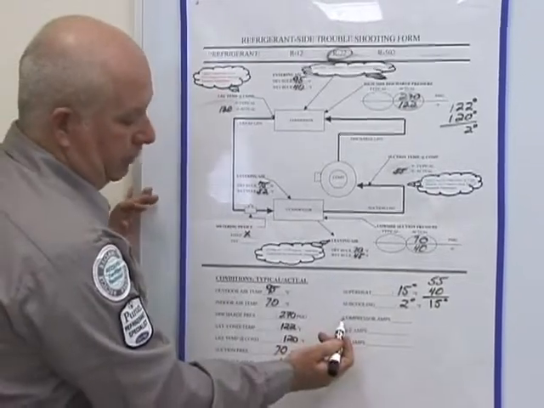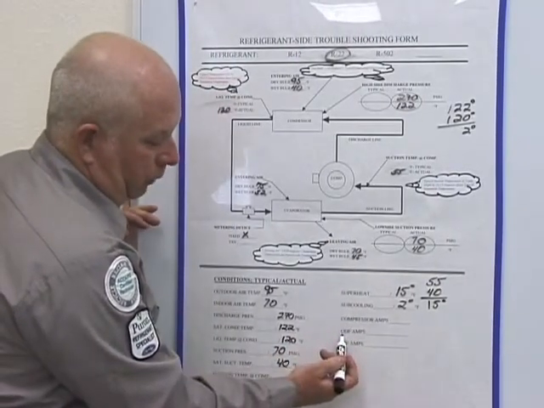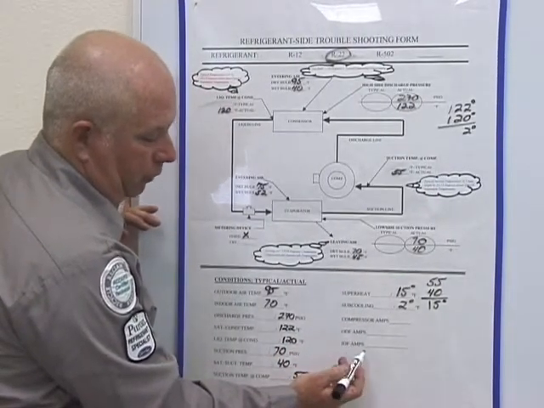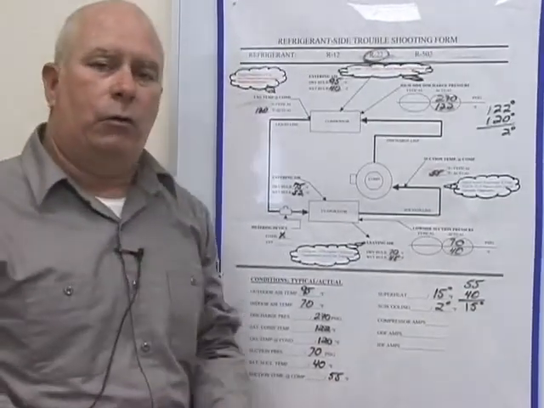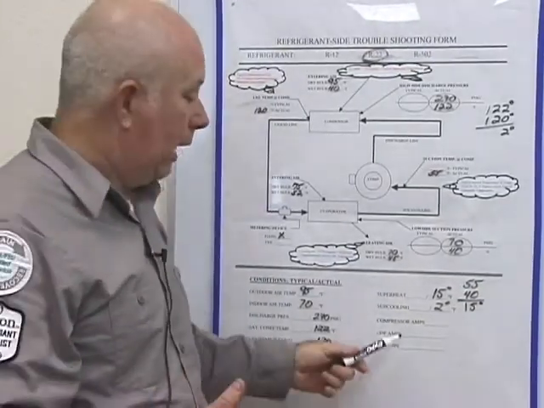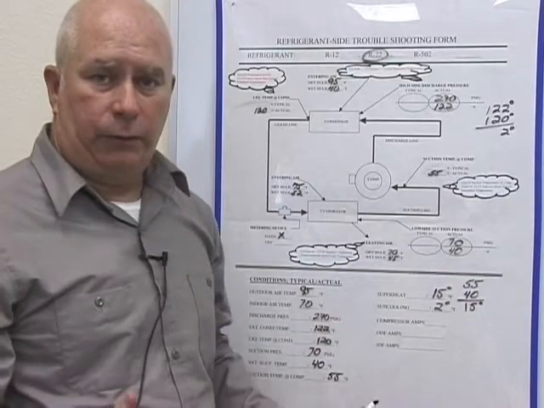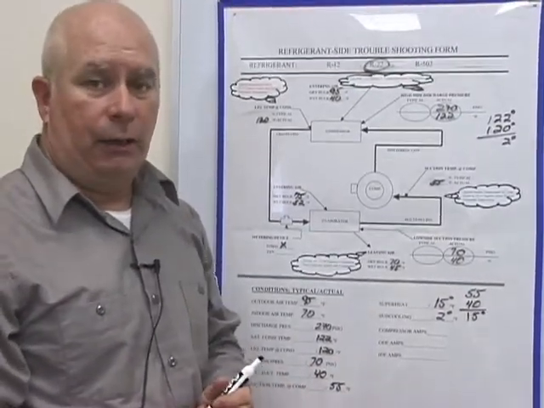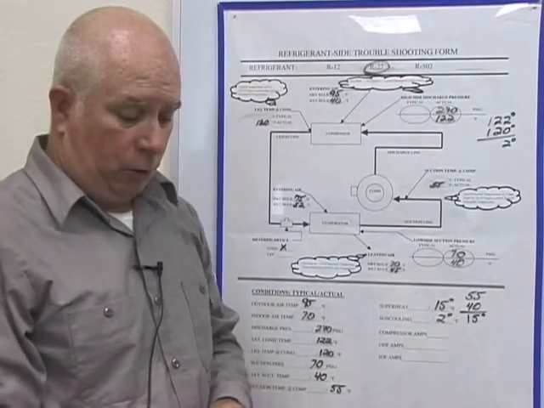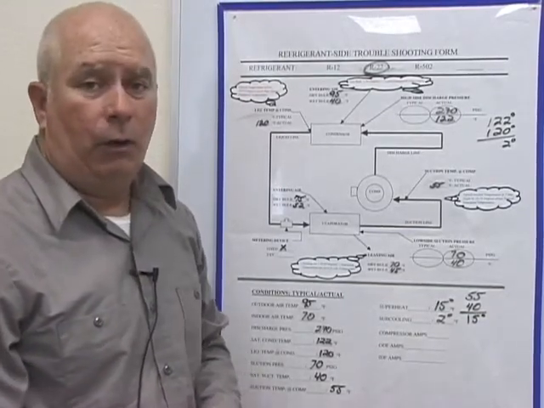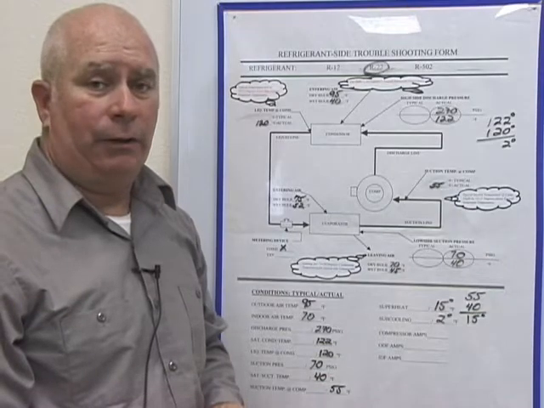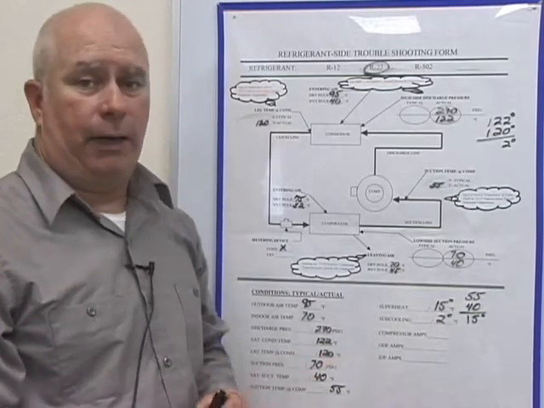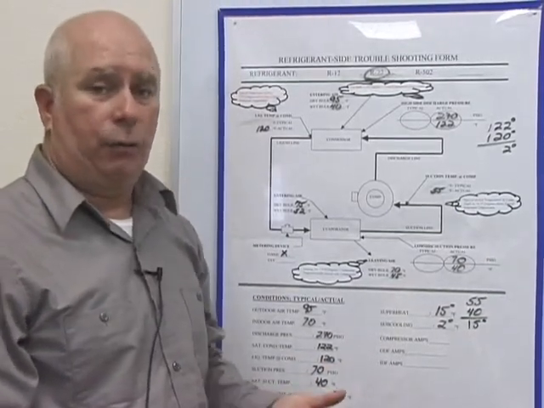Your compressor amps, your outdoor fan motor amps, and your indoor fan motor amps are all taken using your amp probe on the particular wires. All right? You will have to physically look at the schematic and figure out where your, quote, hot wire is, or the power wire for that element, and connect your amp probe to that and get a reading.